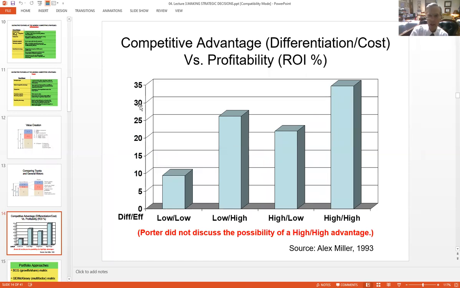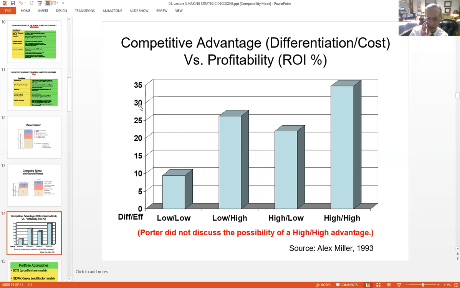In fact, Alex Miller at the University of Tennessee unleashed an army of graduate students on the records of many companies. Don't hold me to this, but I think it was something like 300, maybe 400, but a lot of companies, and divided them into the type of generic strategy that they employed.